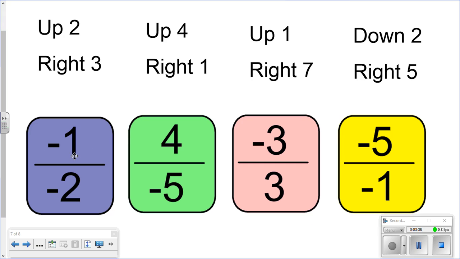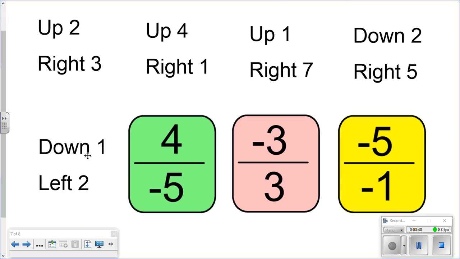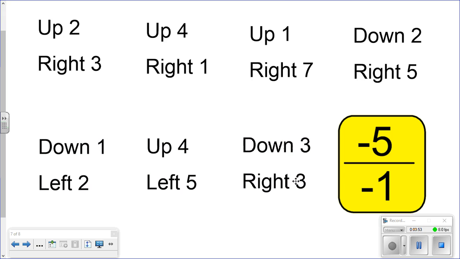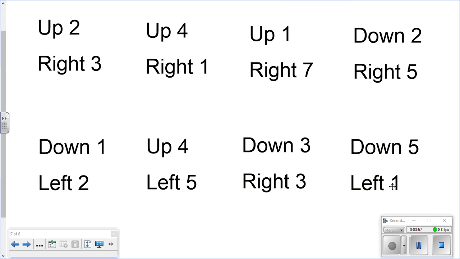Negative 1 over negative 2, that's the same as positive 1 over positive 2, but that particular one says down 1, left 2. 4 over negative 5, up 4, left 5. Negative 3 over 3, down 3, right 3. Negative 5 over negative 1, down 5, left 1.